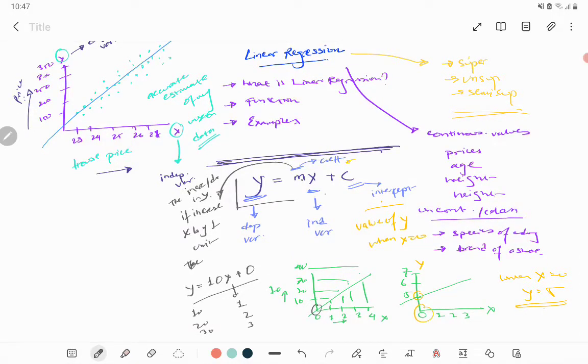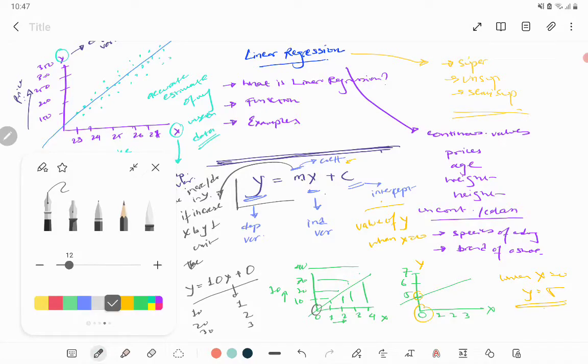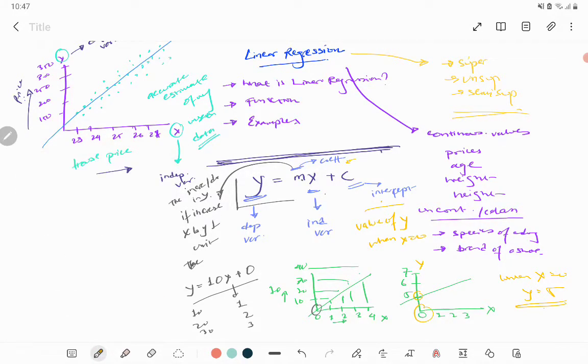Now let's take another quick example to combine the concepts of intercept and coefficient. Let's say this is my graph. Let's keep this simple. So this is my 0, this is 5, this is 1, and this is 15, this is 2, and this is 25, this is 3, and this is 35. Excuse the unscaled diagrams.